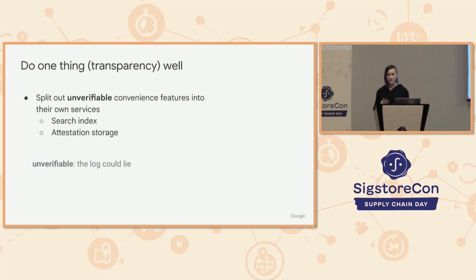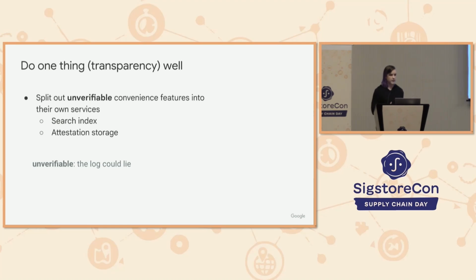So to that end, we want to split out the search index and the attestation storage, and make those into separate projects, separate services. The reason for that is the responses from those services are unverifiable, meaning that the client just has to implicitly trust those results. There isn't really a secondary way to validate those claims.